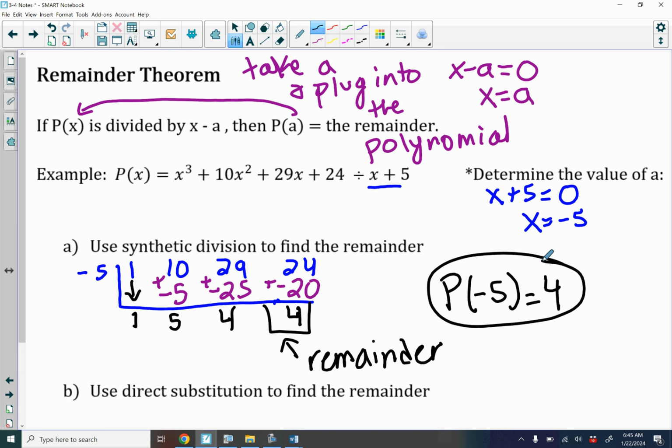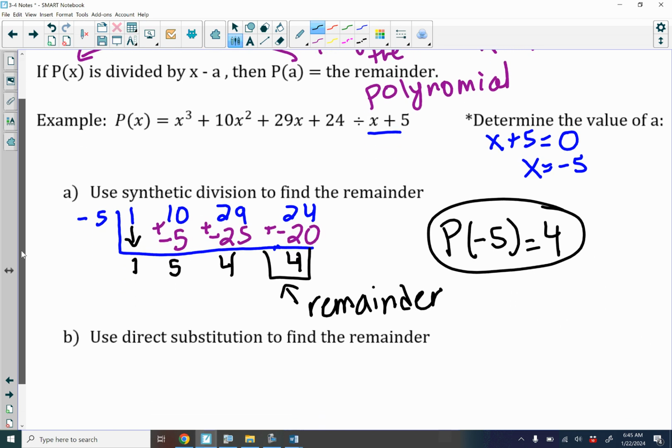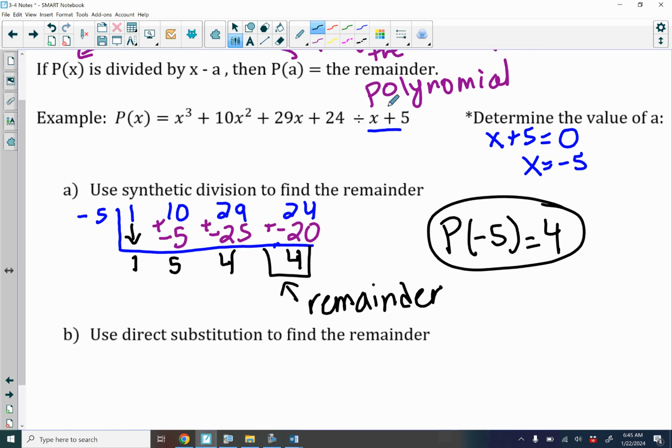But let's once again use direct substitution. When we do direct substitution, you still have to take your divisor, this x minus a, and set it equal to 0 to get that a value.